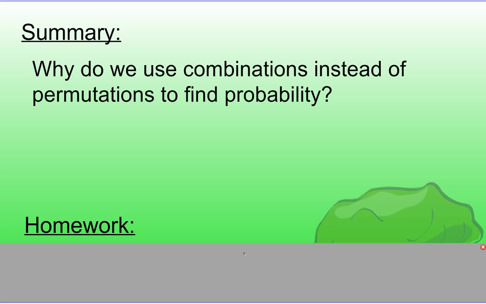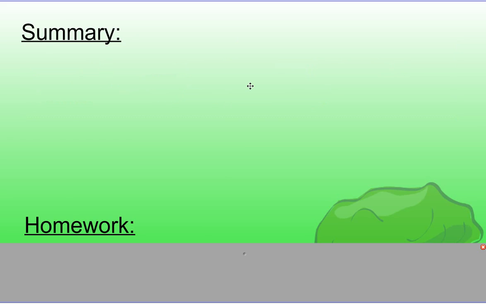If you could please right now, answer this question. Why do we use combinations instead of permutations when doing different problems? I guess the question comes down to, how are permutations different than combinations? So if you could please answer that question instead of this one. I don't like that one.